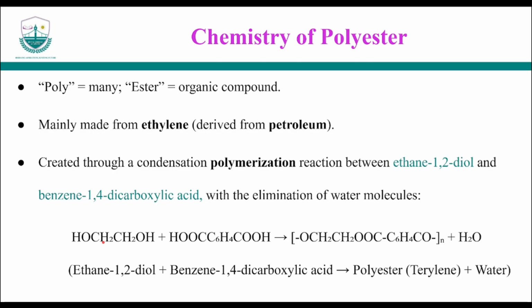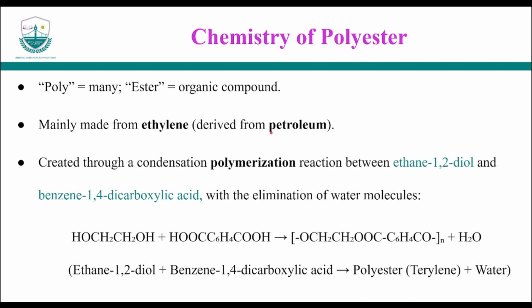So if we are to go deep into the chemistry, we said poly means many. Ester is an organic compound that has the ester as the functional group. Okay, so for you to have this polyester, you need to obtain ethylene. Okay, this ethylene, we saw it earlier on. We can call it ethene. It has double bonds.